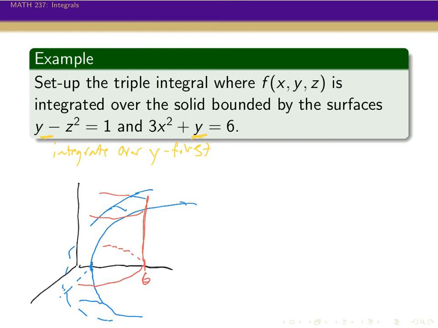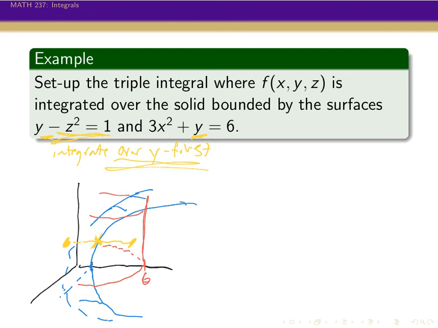But if we're integrating over y first, we're thinking about taking some point on the xz plane and going through all the y values from that. And so as we're going out from the yz plane, you can see we're going to hit the blue parabola first, and then we'll be integrating until we hit the red parabola.